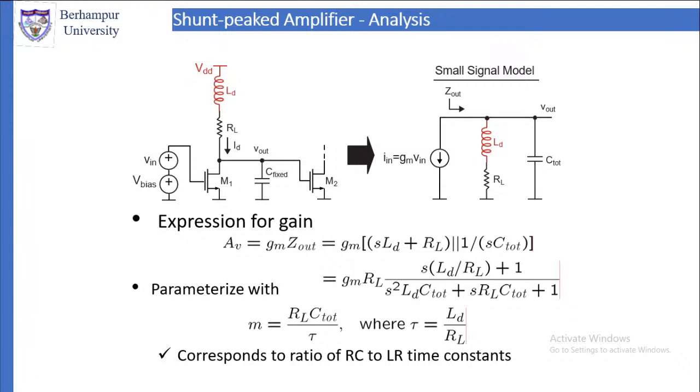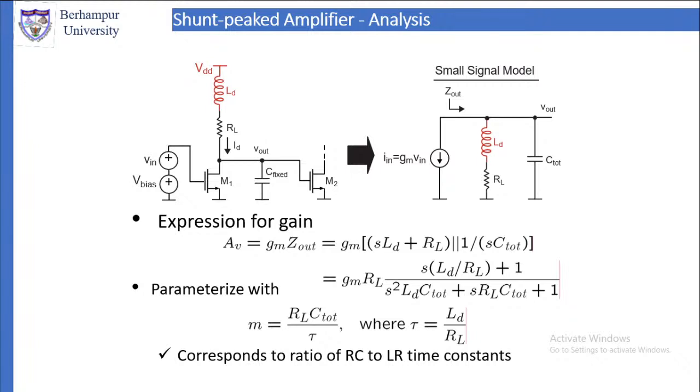So by parameterizing, AV is equal to GM into RL. In the numerator we will get S into tau plus 1. In the denominator we will get S square tau square M plus S tau plus 1. Now here we can see there are two terms, RL C total and LD by RL.